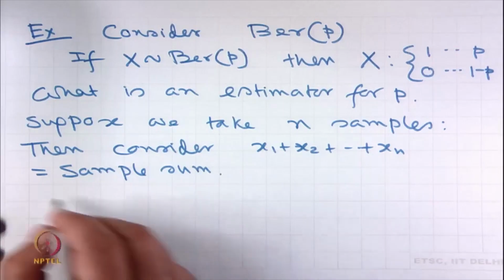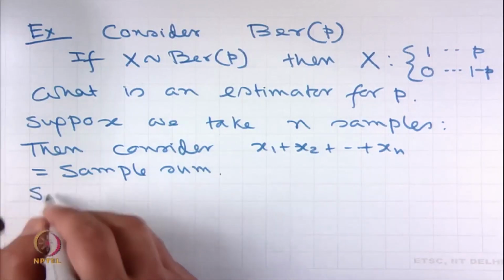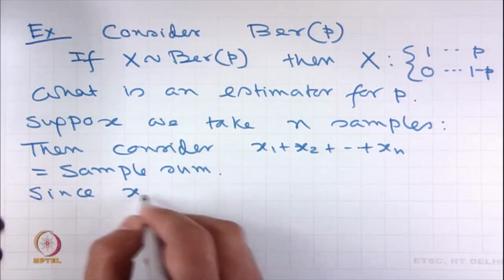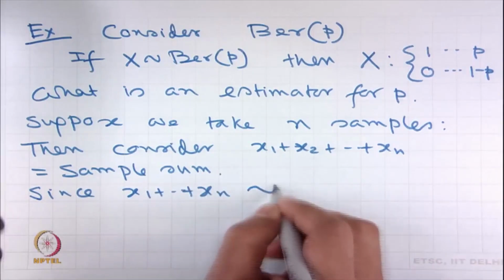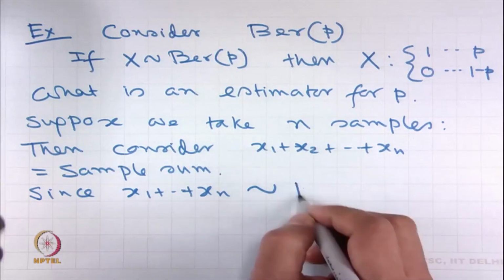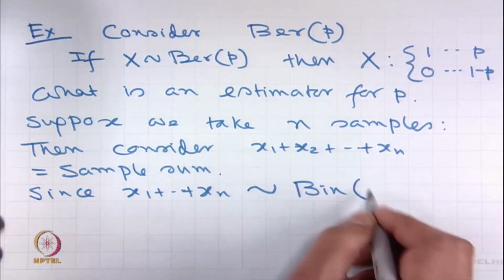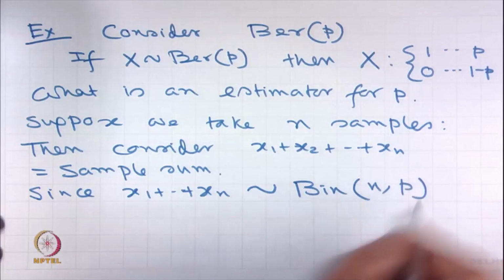We know that x1 + x2 + ... + xn is distributed as binomial with n comma p.